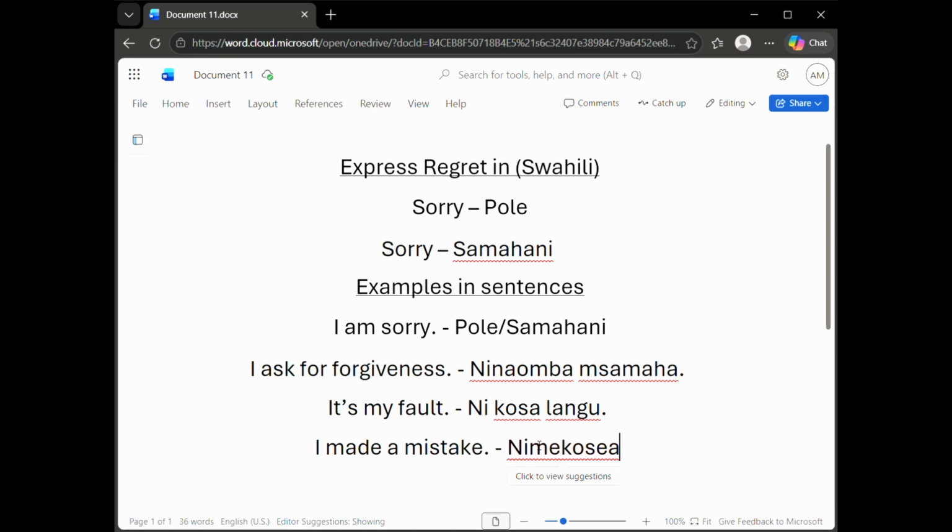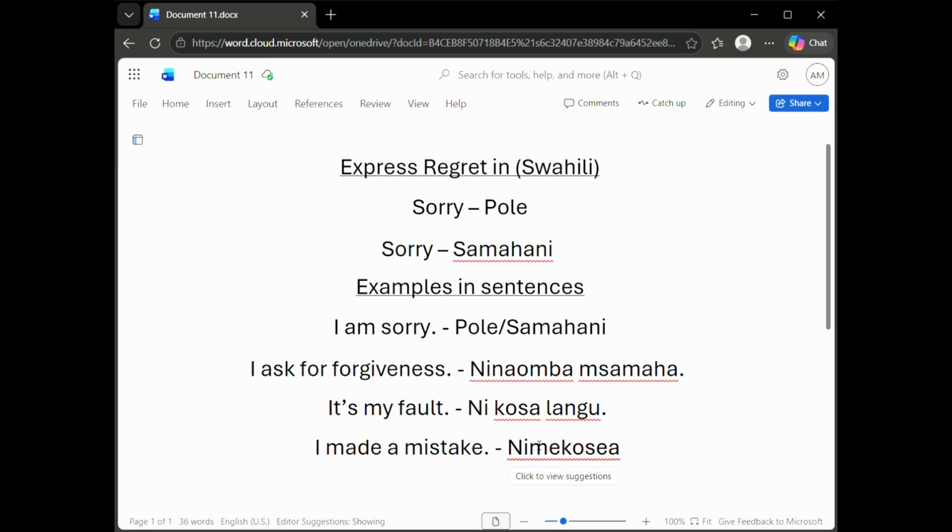So in Swahili you just say one word, which is nimekosea. I usually pronounce the words slowly so that you can understand it better because you aren't used to the pronunciation. So I made a mistake, nimekosea.